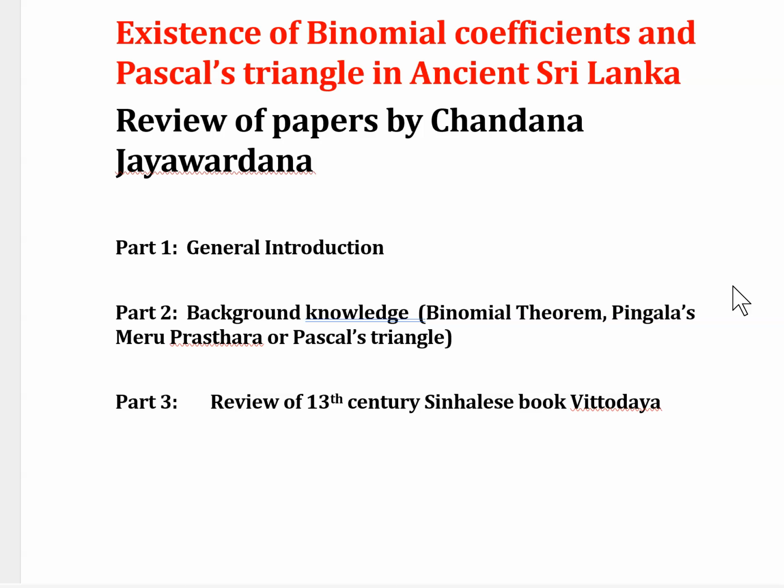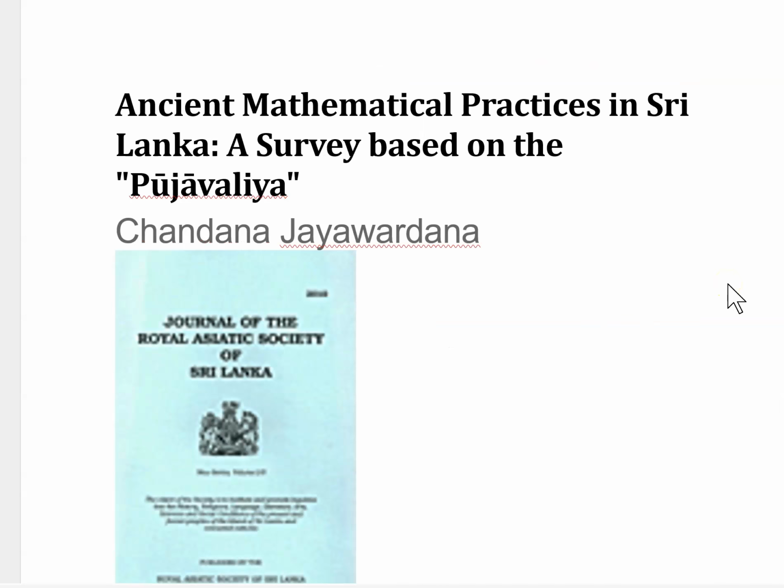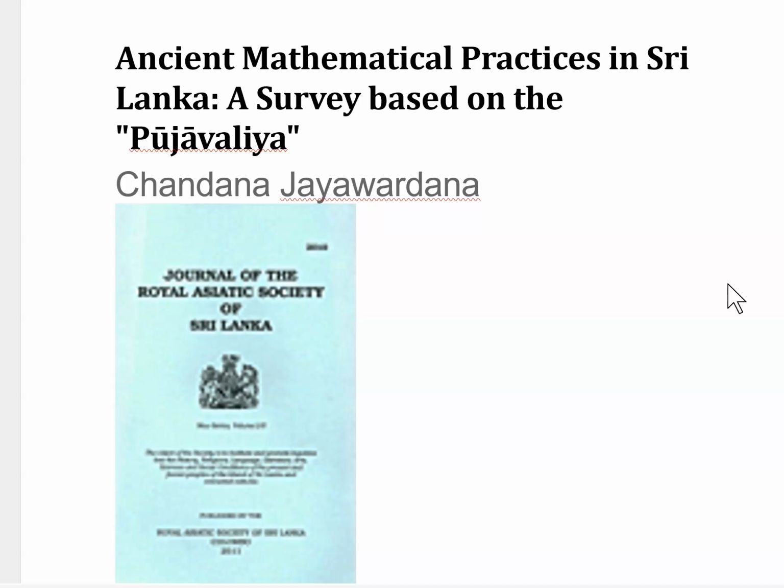So in this general introduction, we would see these papers: Ancient Mathematical Practices in Sri Lanka, a survey based on the Pujavaliya. And the Pujavaliya has very interesting mathematical problems. Like one problem says there are two worms.